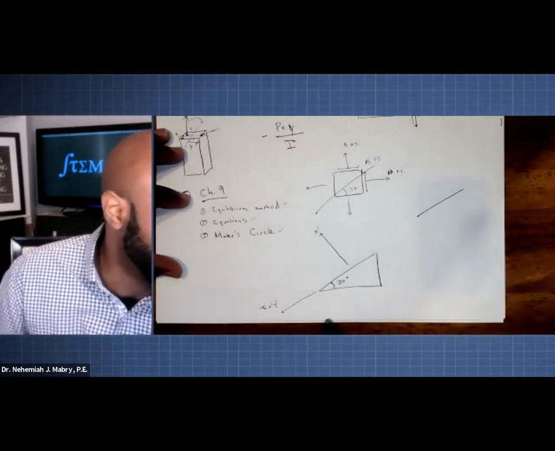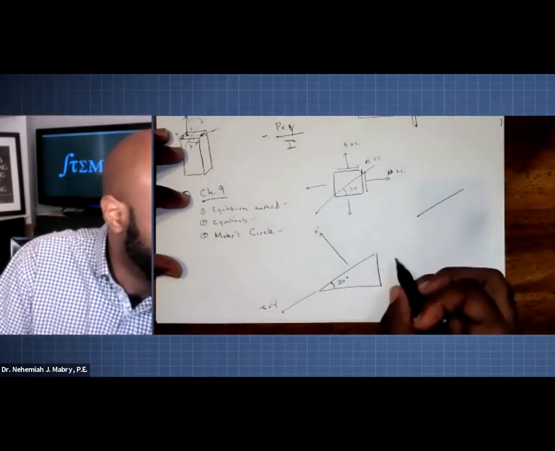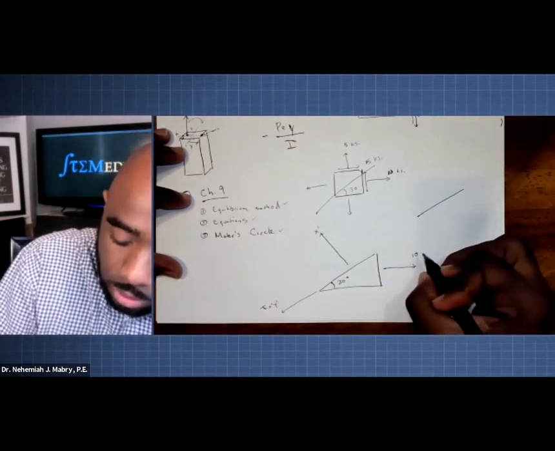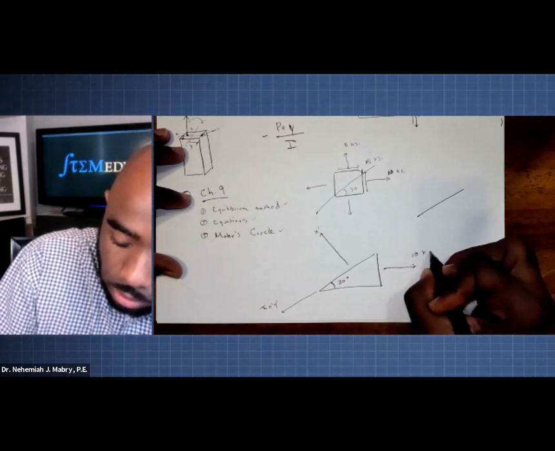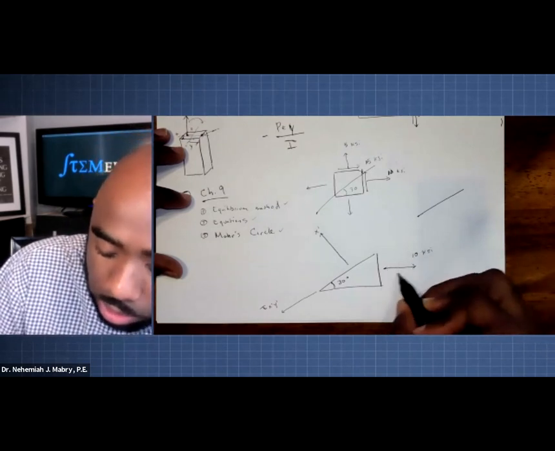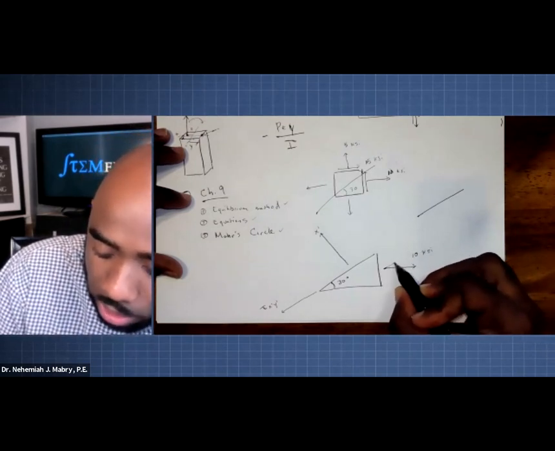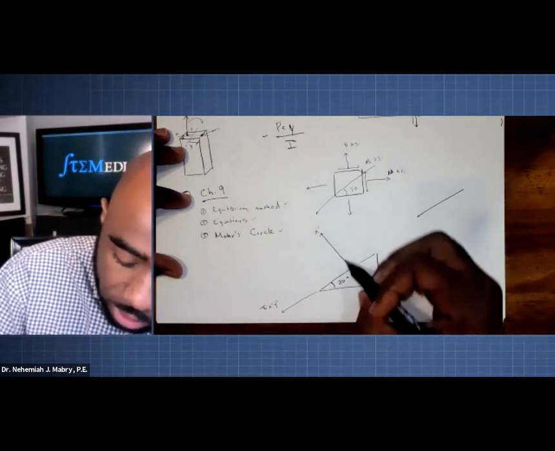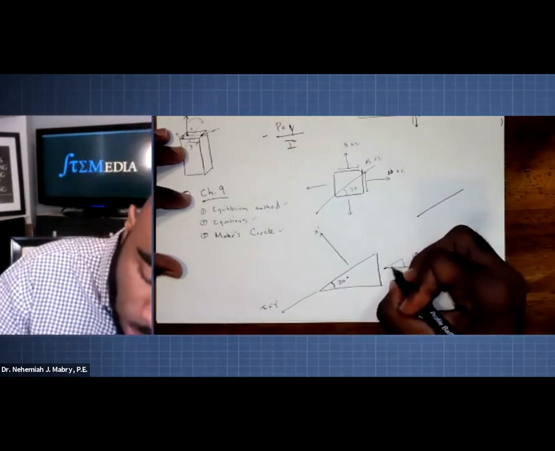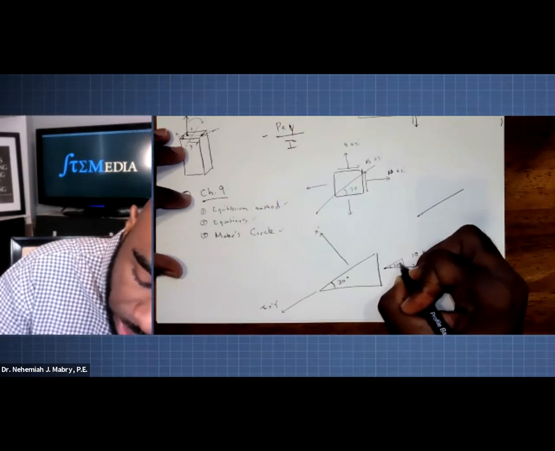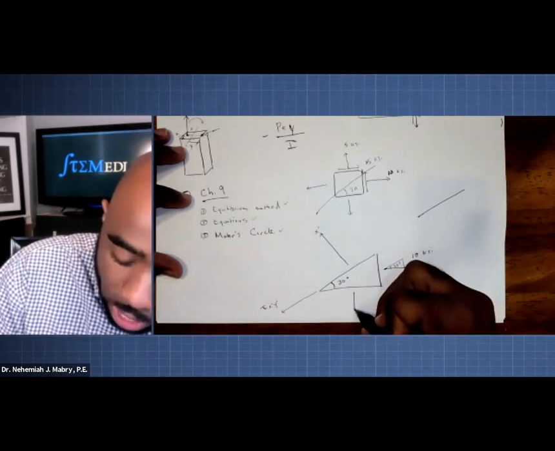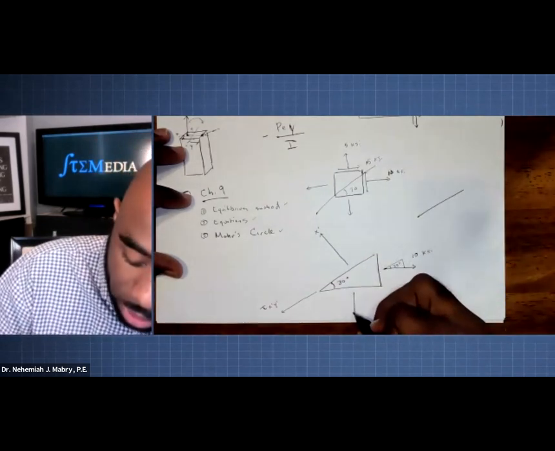So on this side, we still have this force, or the stress, of 10 KSI. But you've got to remember how this particular stress reorients to be in line with this axis and this axis. So this angle right here is 30 degrees. You guys with me? We still have this 5 KSI coming out of it here.